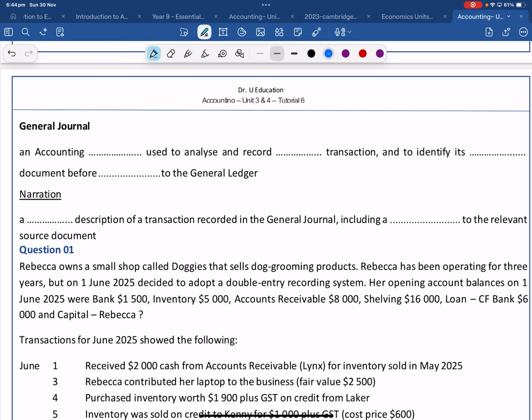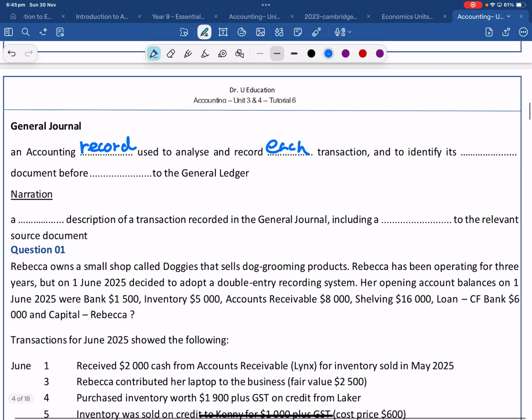So general journal. Let's write it, guys. General journal is an accounting record to analyze and record each transaction and to identify its source document before posting to the general ledger.